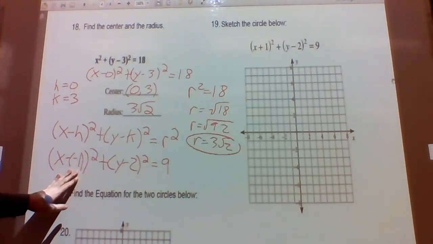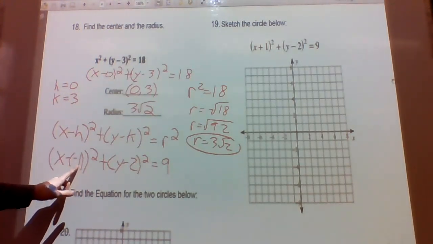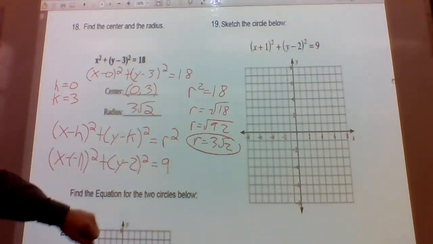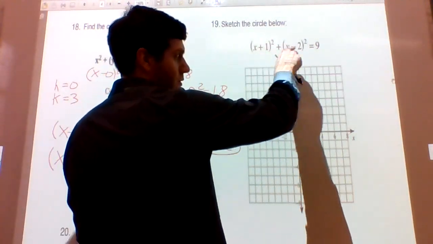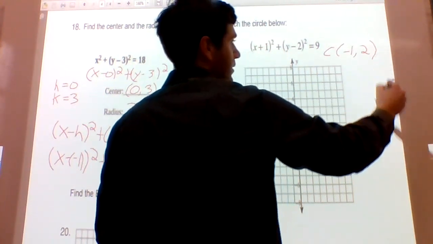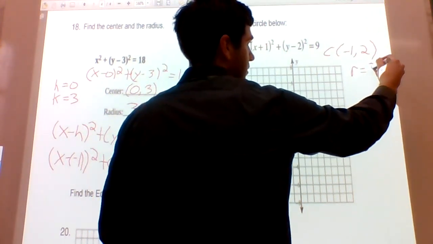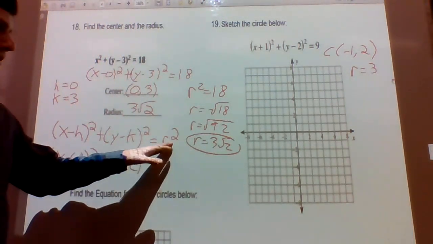But it's more clear if we write it as x minus a negative 1. H is clearly a negative 1. K is clearly a positive 2. So our center is negative 1, positive 2. We can just flip the signs though if we want.